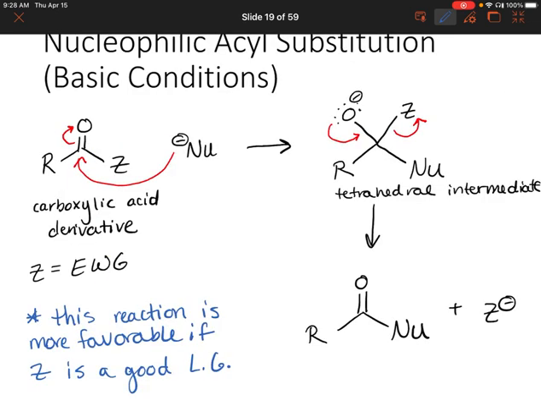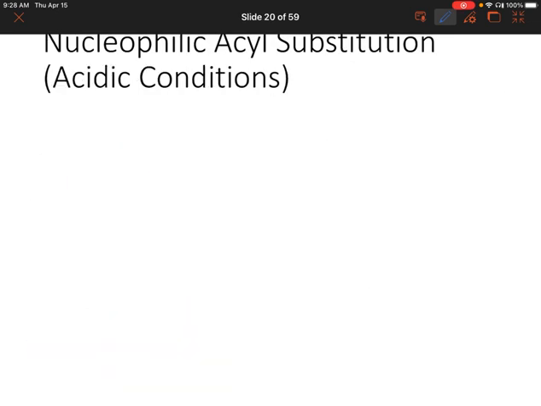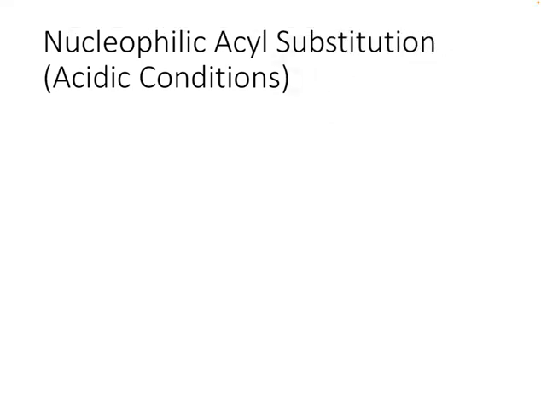Okay, so what if we have acidic conditions instead of basic conditions? How would that affect our mechanism? So let's draw our carboxylic acid derivative. And we've got our nucleophile, which will probably be neutral in acidic conditions. And then we'll also have some acid floating around there, so some protons.